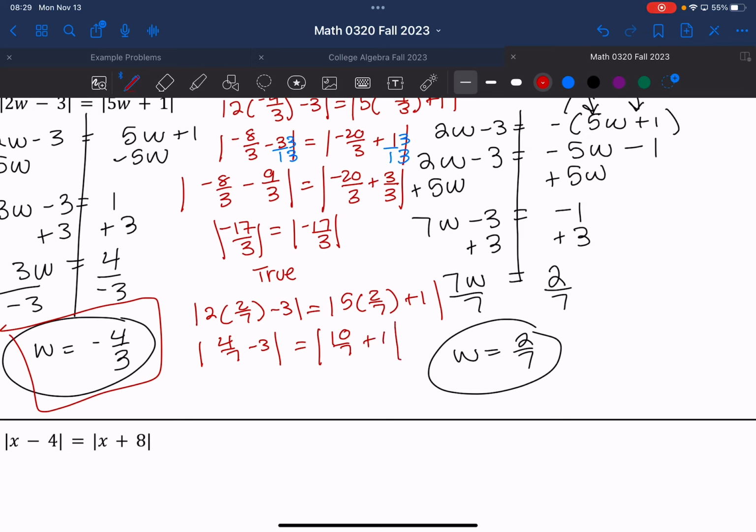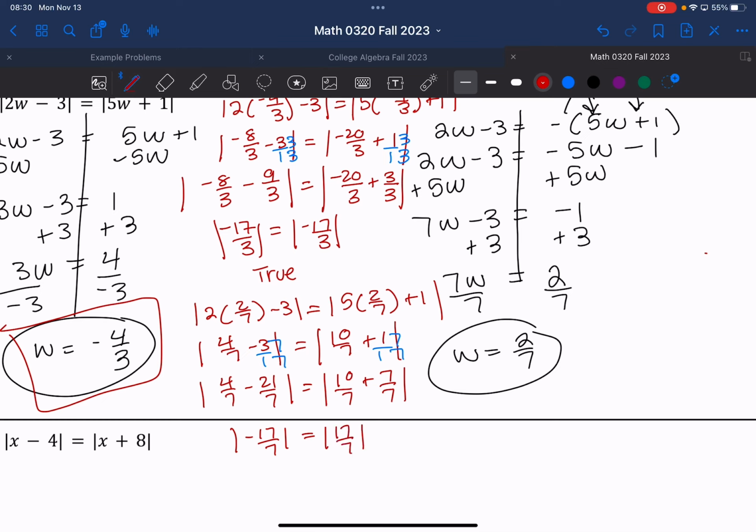The common denominator here is what? 7. So I'm going to multiply those second fractions by 7, top and bottom. So I get 4/7 minus 21/7 and 10/7 plus 7/7. 4 minus 21 is negative 17/7 is equal to 10 plus 7, which is 17/7.